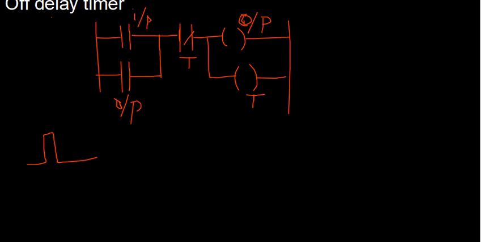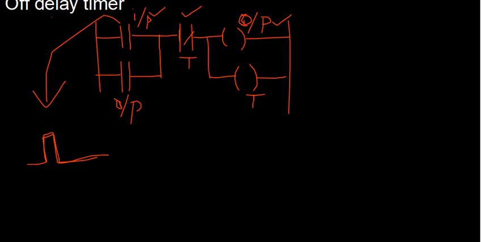The output gets activated because here this is a normally closed switch. So this is a switch which I have activated this way. Once the output gets activated, though you remove the input signal, since the output coil is associated in parallel with the input signal, the output will continue to exist, right?